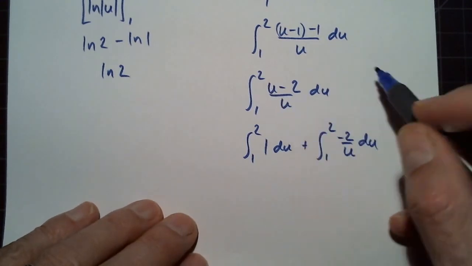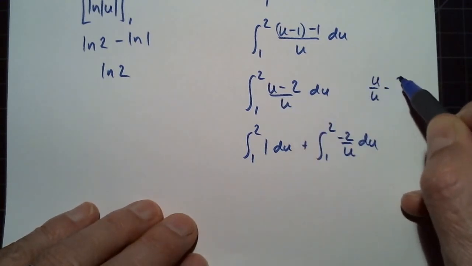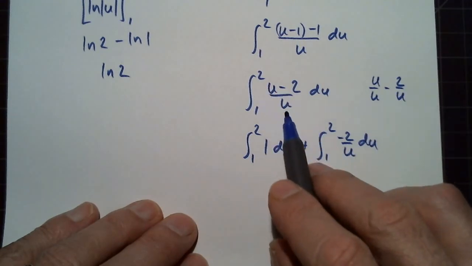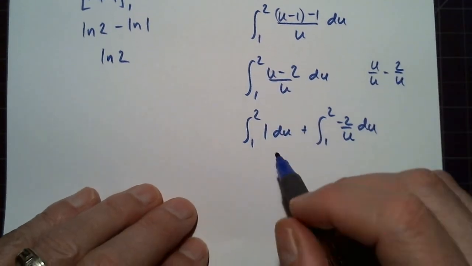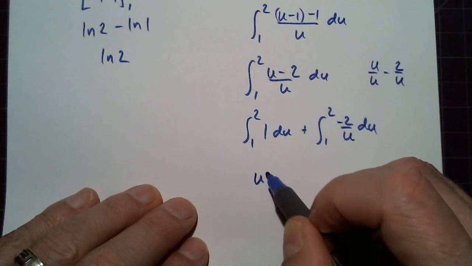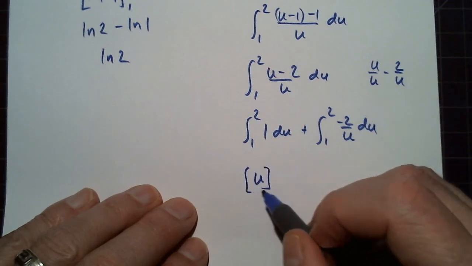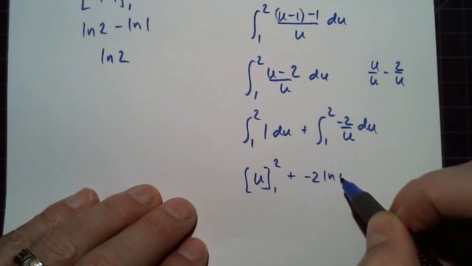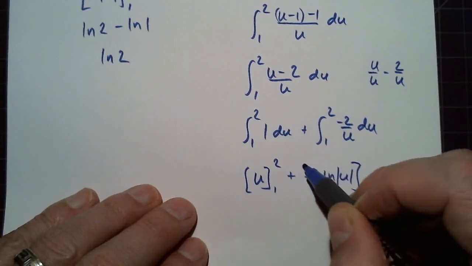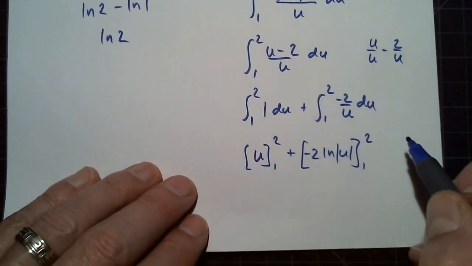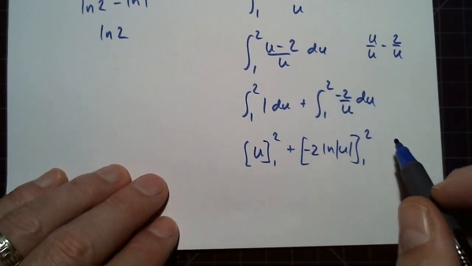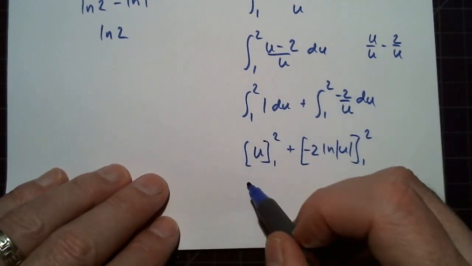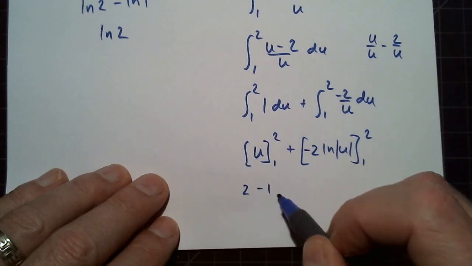So we broke it up into u over u and 2 over u. This is u evaluated from 1 to 2, and this is going to be negative 2 ln u from 1 to 2. So we'll substitute 2 here, and we get a 2. Put in a 1, we get a 1.